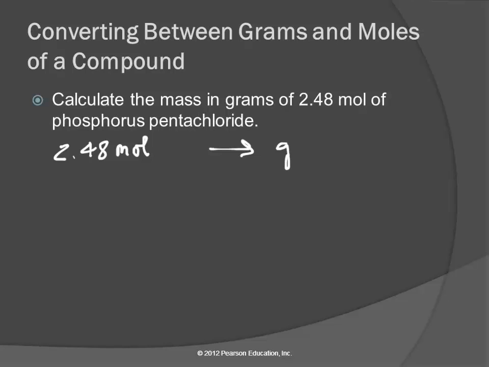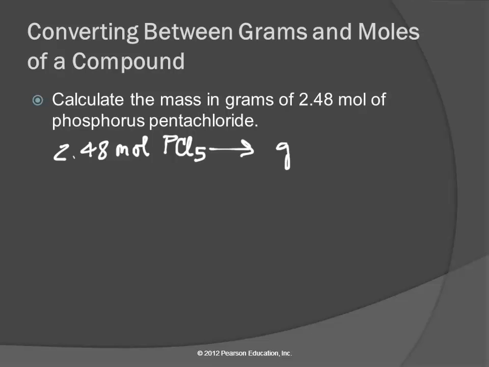If it's an atom, it's easy. It's just on the periodic table. If it's a compound, then we have to actually add some things up. Here, they're being especially tricky, and they're giving us the name, and we have to figure out what the formula is. What's the formula for phosphorus pentachloride? PCl5. Phosphorus and chlorine are both nonmetals, and so we use the prefixes. We need to know what the molar mass for this is.